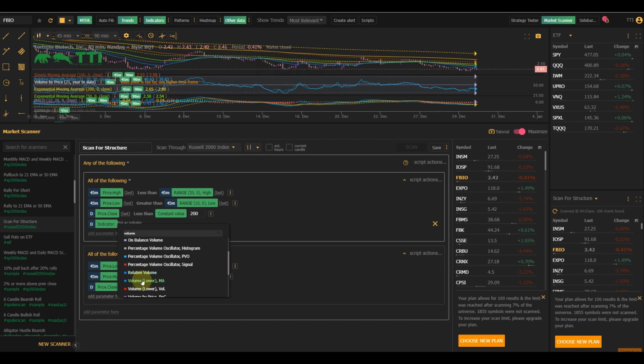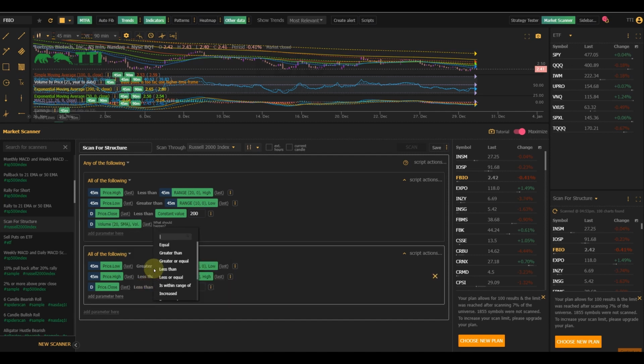So volume, we want greater than constant value 500,000. Maybe this is what we want.